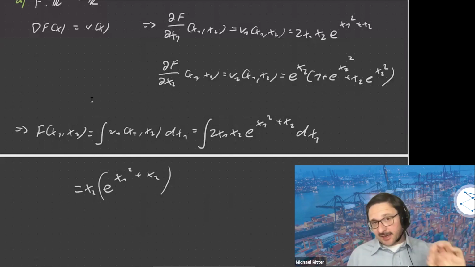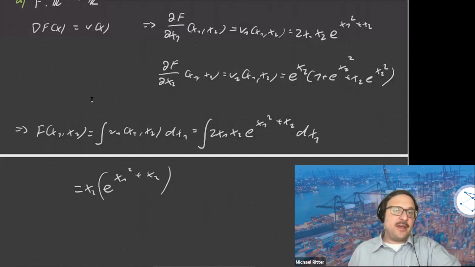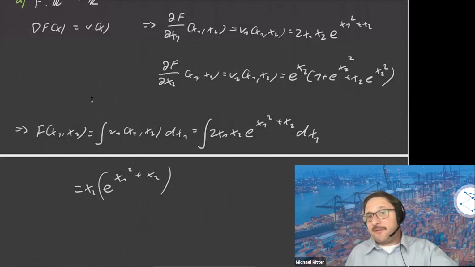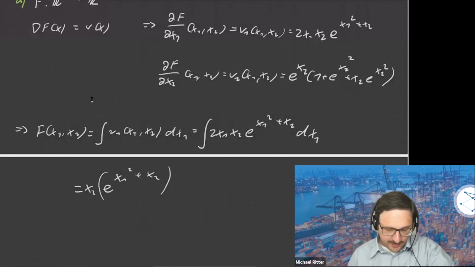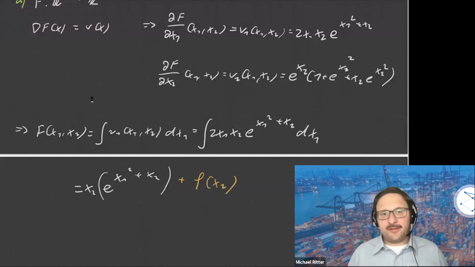Of course, there might be more to that. I said we integrate with respect to x1, so we regard x2 as a constant. And that also means every function that only depends on x2 would be regarded as a constant. So there might still be some function depending only on x2 that we can add.